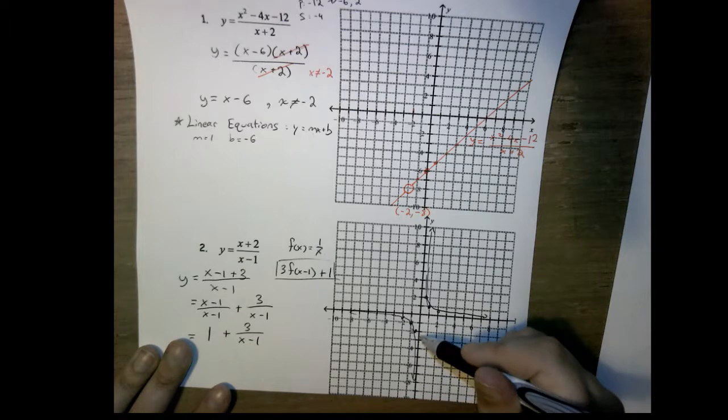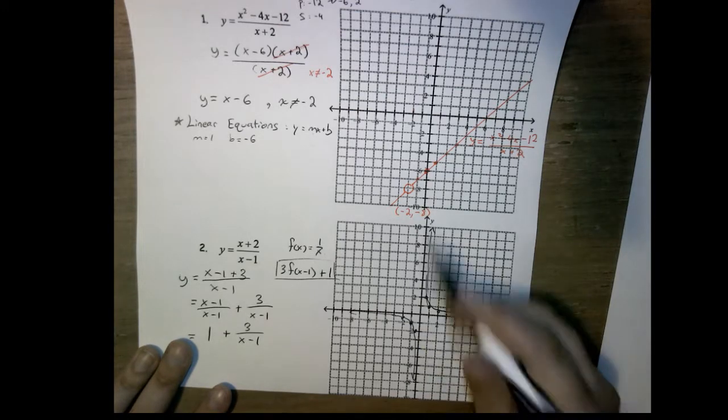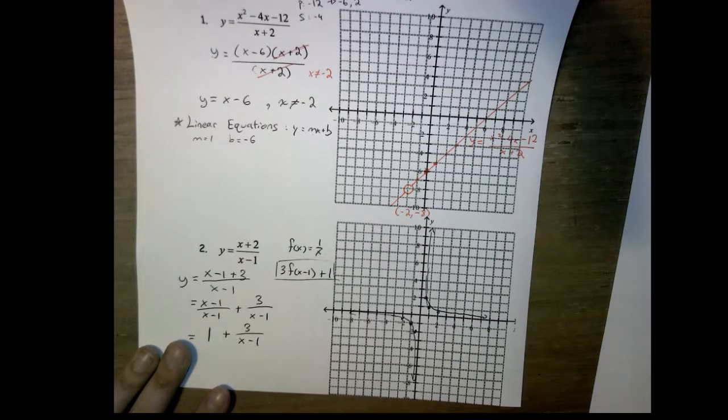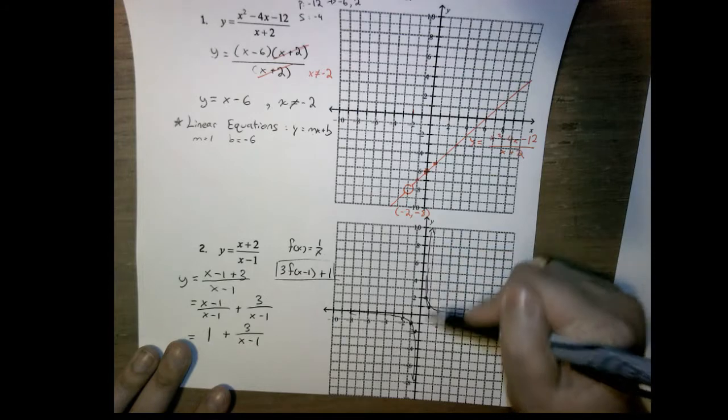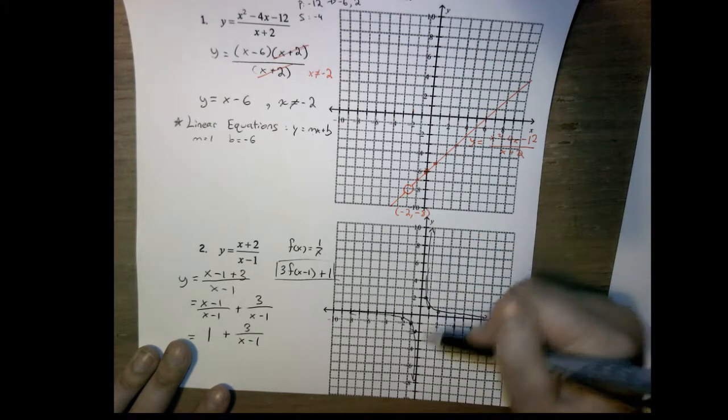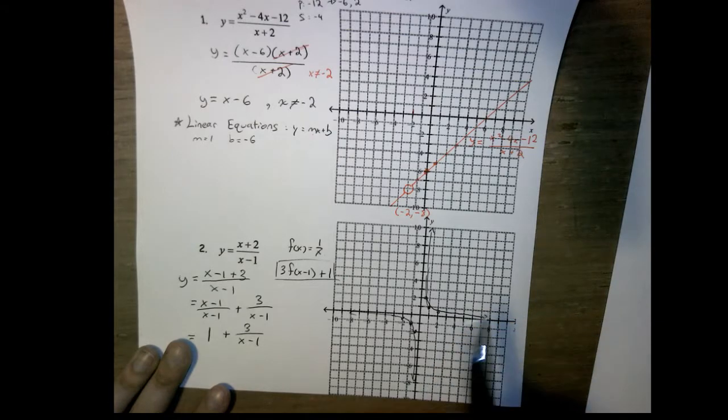But it's never going to actually cross that y-axis. It's never going to reach an x of 0. So this is what we call a vertical asymptote here. The asymptote means, of course, that we're getting closer and closer to the line without ever touching it. And here is our horizontal asymptote.